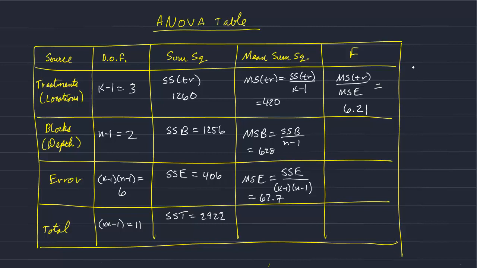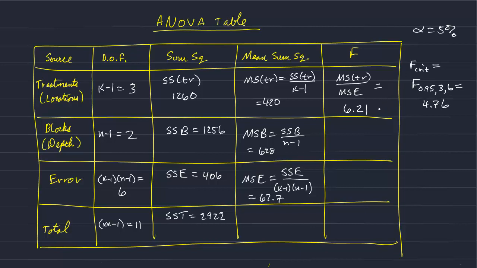And the critical F value, let's use a significance level of 5%, and that's F evaluated at a probability of 0.95 with 3 and 6 degrees of freedom, and that is 4.76.